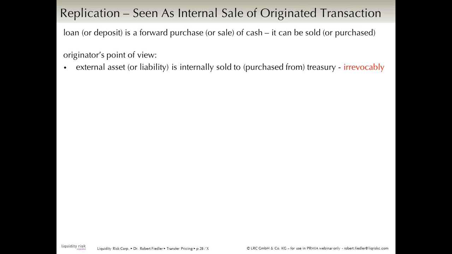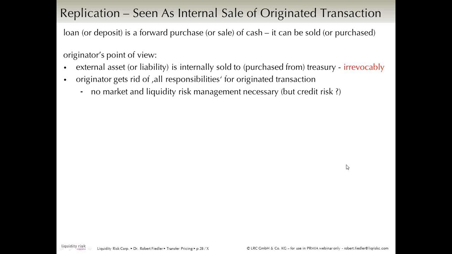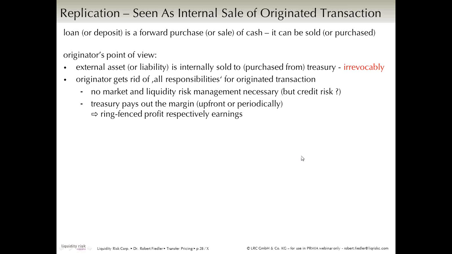The assets are purchased and eventually liabilities. The assets are sold and the liabilities are purchased from Treasury, and the whole thing is irrevocable. So the originator gets rid of all responsibilities. No market liquidity risk management for him.